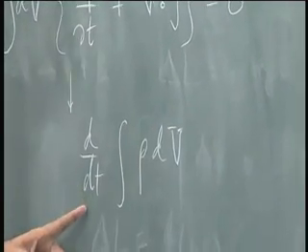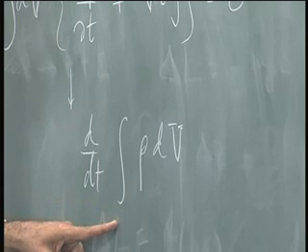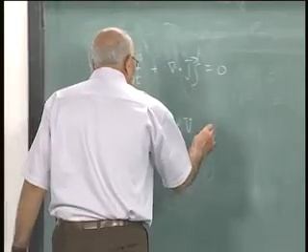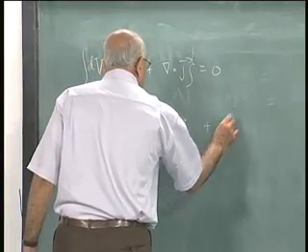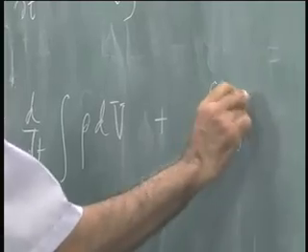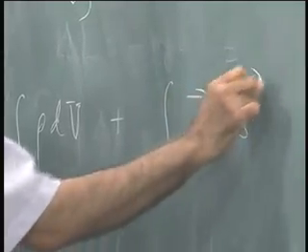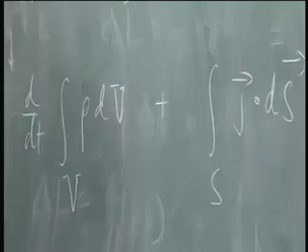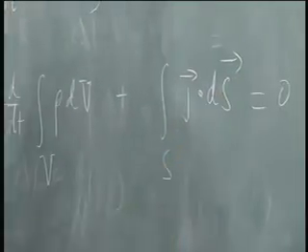It is now a total derivative because the range of integration is independent of time, and therefore I can bring it out and it becomes a total time derivative, and this plus integral j dot ds equals 0.